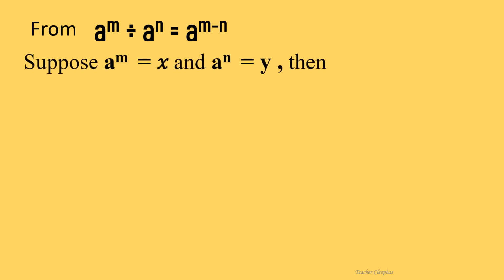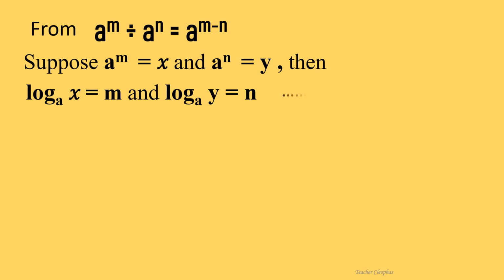Suppose a power m equals x and a power n equals y, then expressing a power m equals x in logarithm form and expressing a power n equals y in logarithm form, we would have logarithm of x to base a equals m and logarithm of y to base a equals n. Let these two form our first equation.